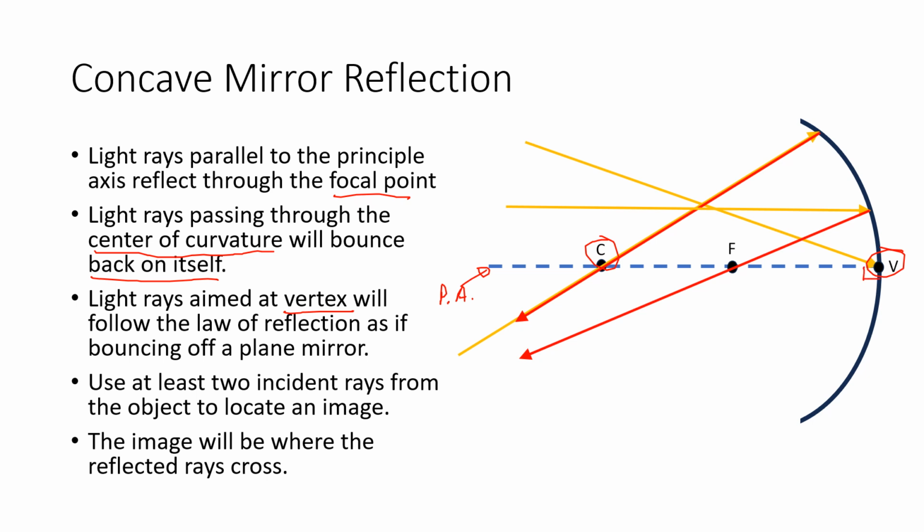So it just acts like a plane mirror, which means the angle of incidence equals the angle of reflection. And so once you have at least two of those light rays reflecting off, wherever they converge, that's where your image is going to be. So now I don't have an image yet in this diagram, but if I did, I'd keep following these arrows until they came together, and that would be where the image is.